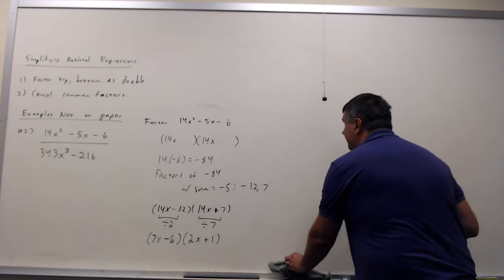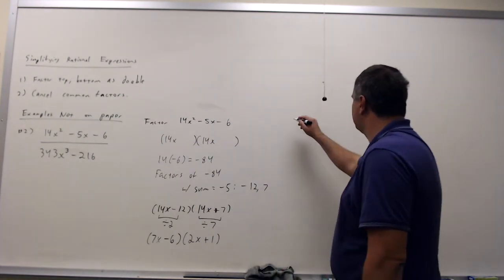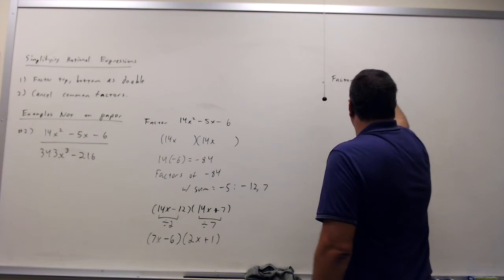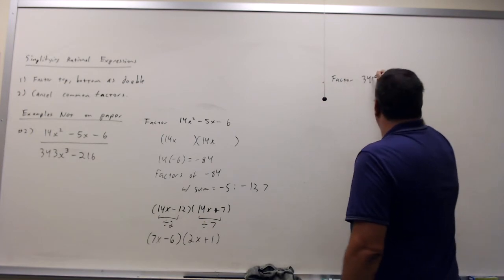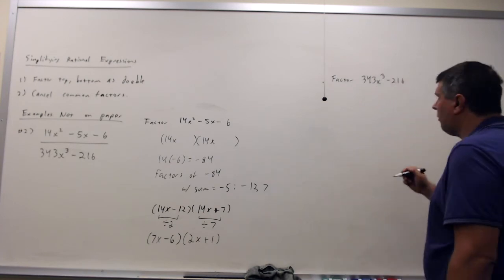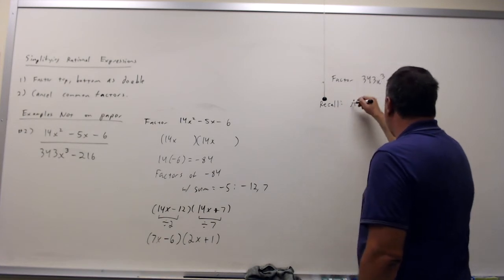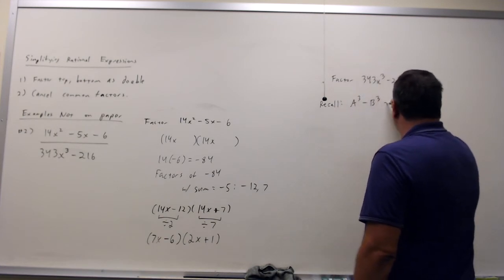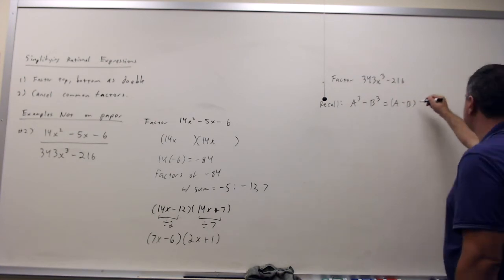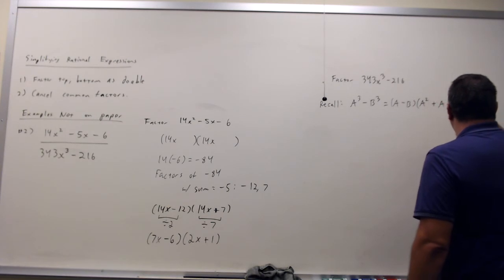Okay, next I will need to factor this. Okay, and we will recall a cubed minus b cubed is a minus b times a squared plus ab plus b squared.